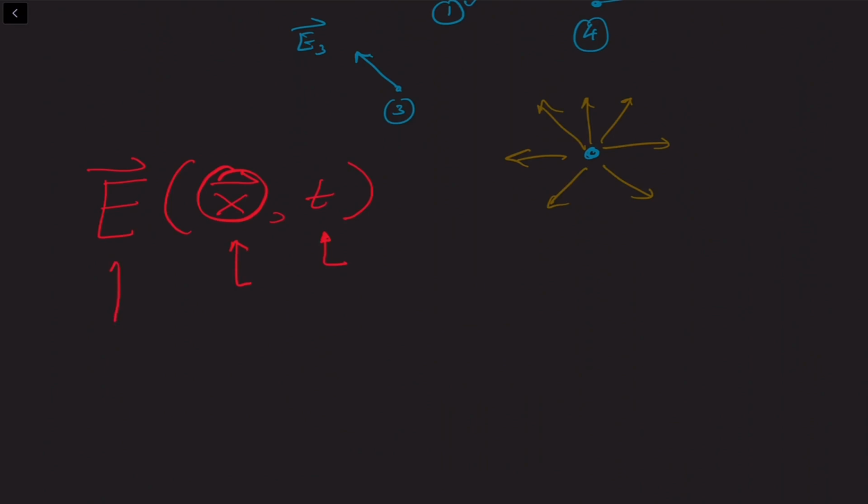To measure electric fields, we would also need a reference electric field. And we're assuming that the coordinate directions with which we describe the electric field will be the same as the coordinate directions with which we measure our positions.